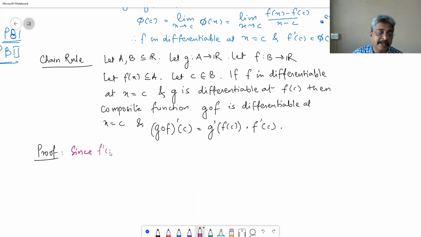Since f dash exists, f dash of c exists.